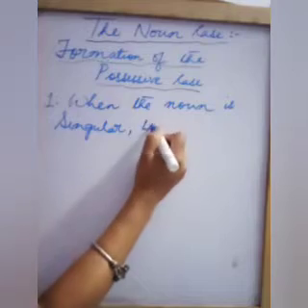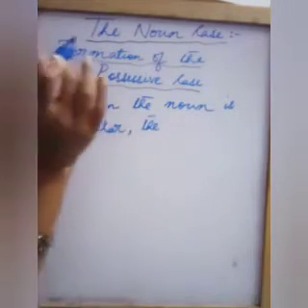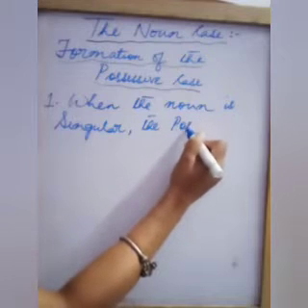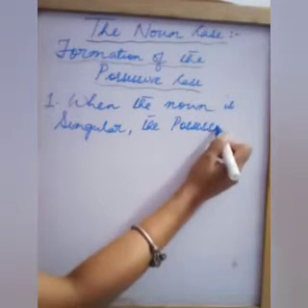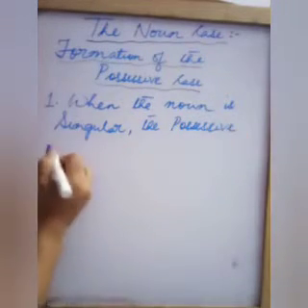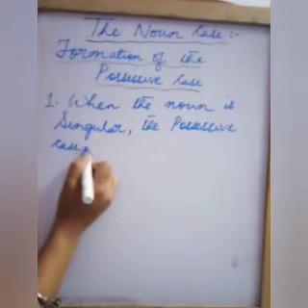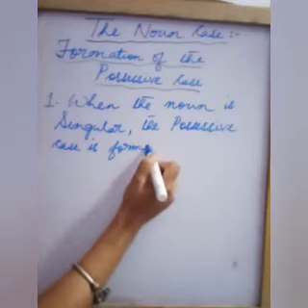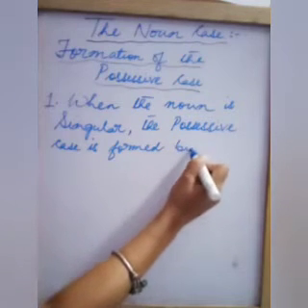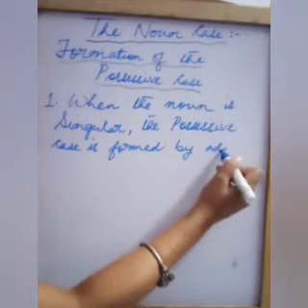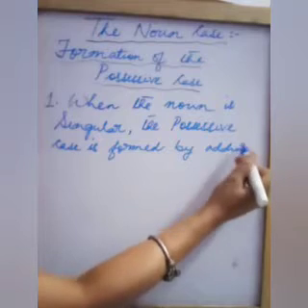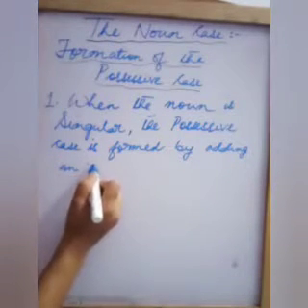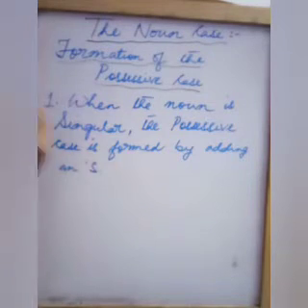The possessive case is formed simply by adding an apostrophe s to that noun.